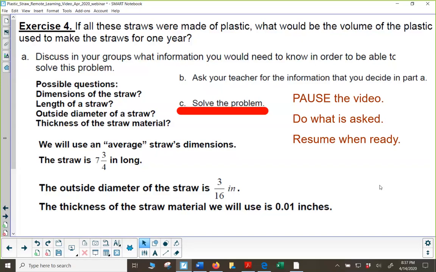I still have 30 seconds left. 30 seconds, and again, it's not a rush. It's just I don't want to have too much dead air on this.